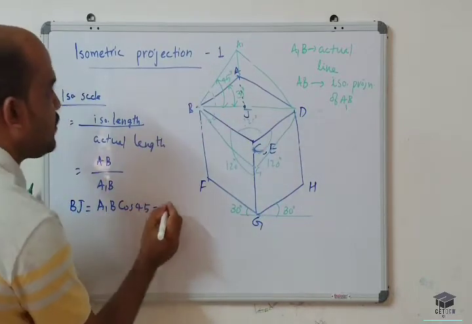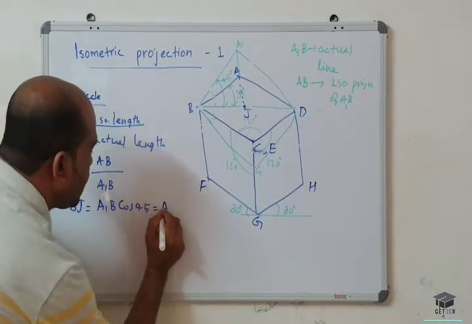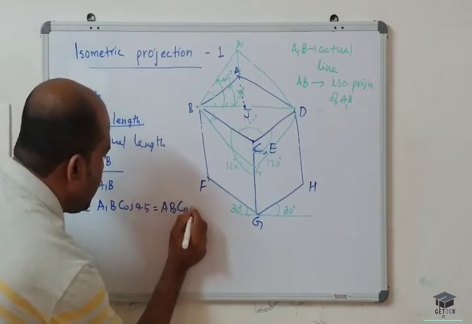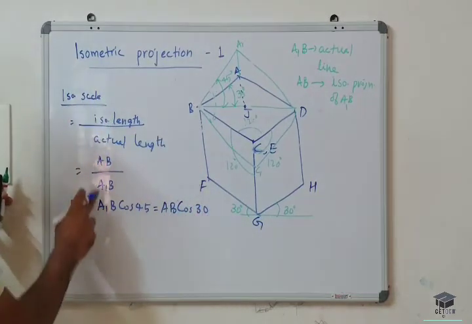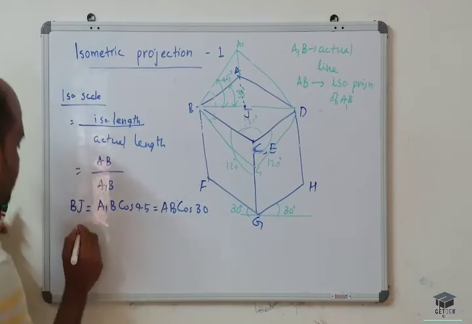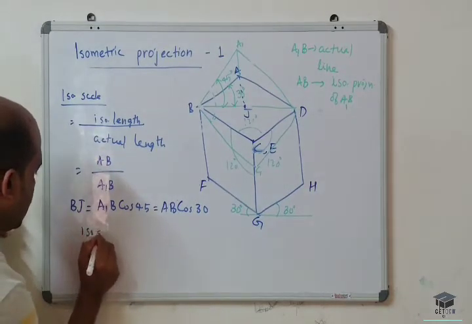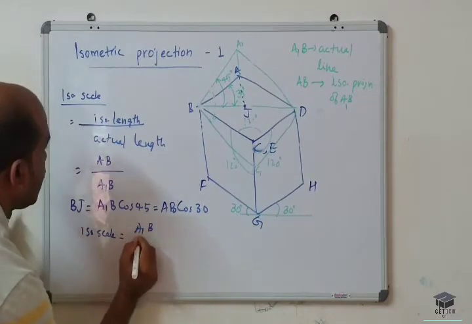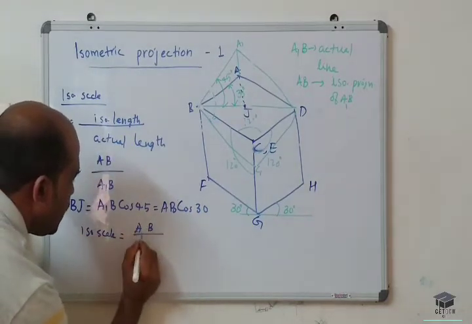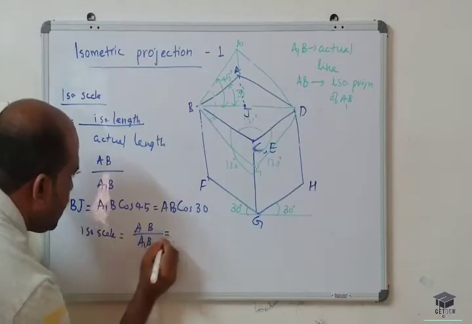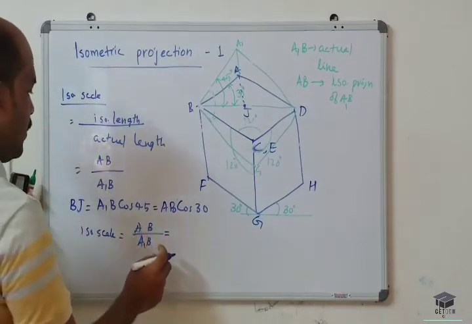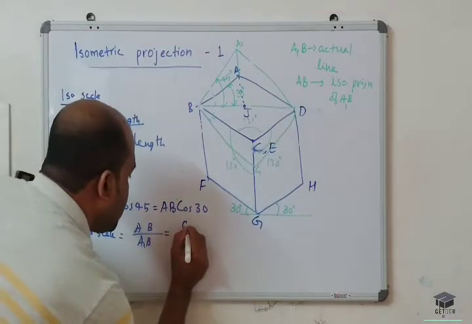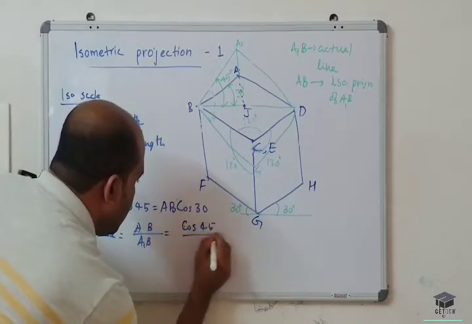Also, it is the same as AB cos 30. So according to the definition, isometric scale equals AB divided by A1B, which is the same as cos 45 divided by cos 30.